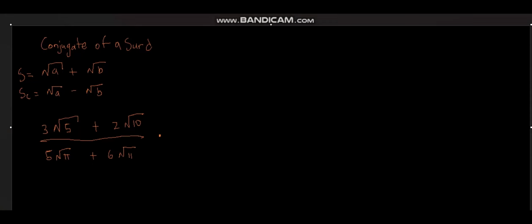But look at this. So 5 root pi plus 6 root 11 all over, this is supposed to be minus, my bad.